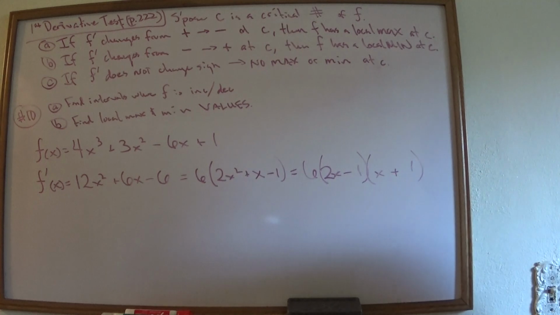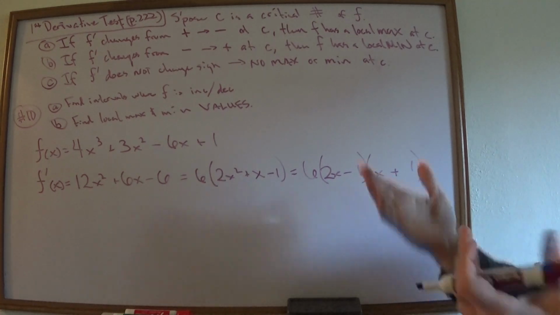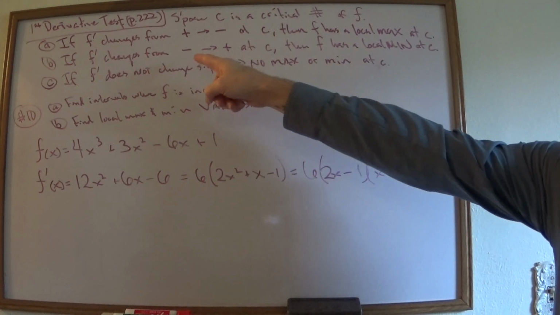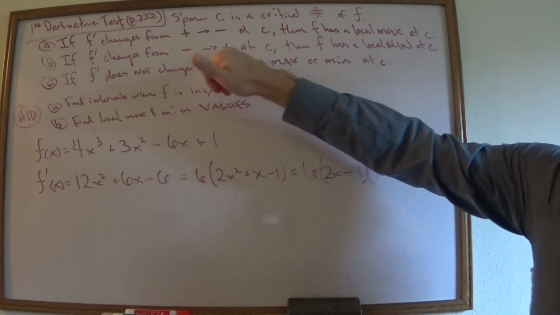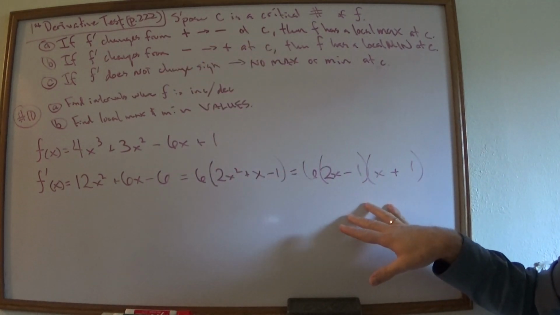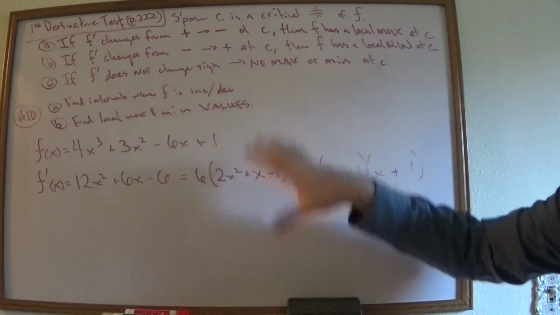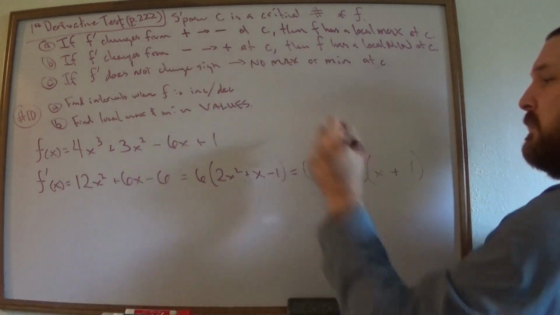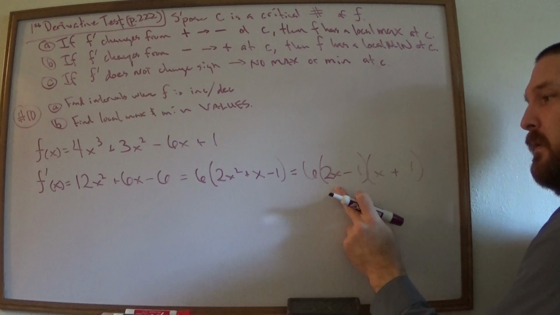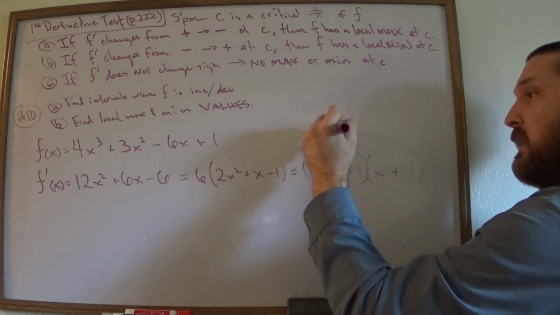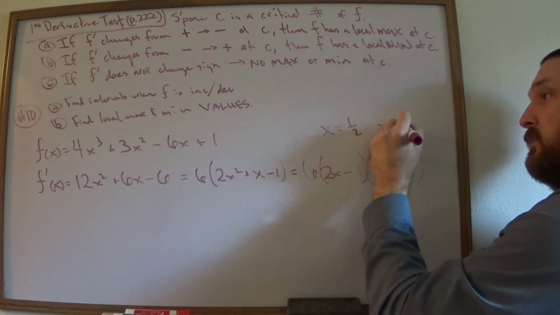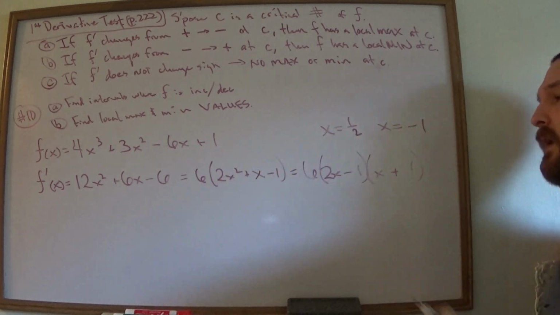Okay. Now, why did I do this? Because I want to be able to see what's happening here. I'm going to need to graph this in order to find out, because first, what are my critical points? x equals 1/2 and x equals what? Negative 1. Okay, good.